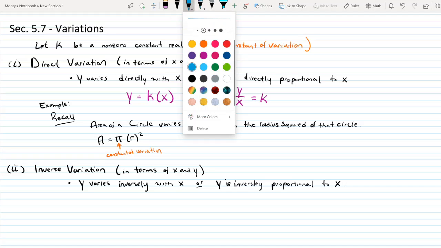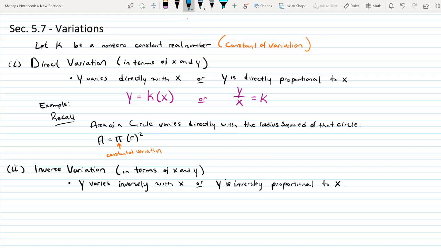Let's choose blue. Okay, so up here we have y varies directly with x, right? This multiplication between k and x. But if y varies inversely with x, think about what the inverse of multiplication is. How do you undo multiplication? Everyone together? Right, division. So when it varies inversely, we have division by x.